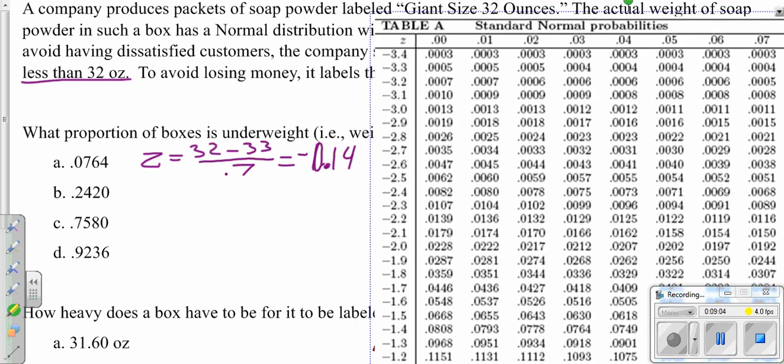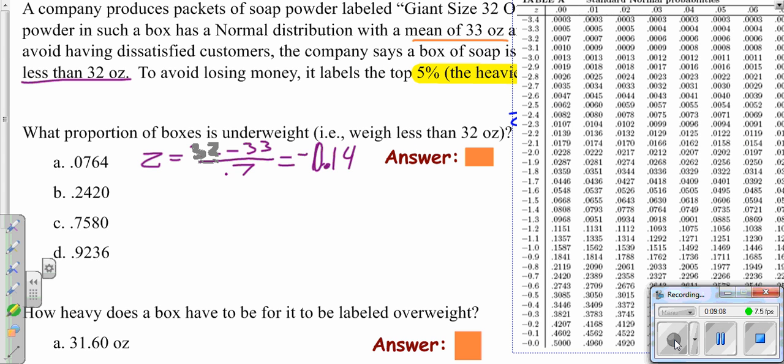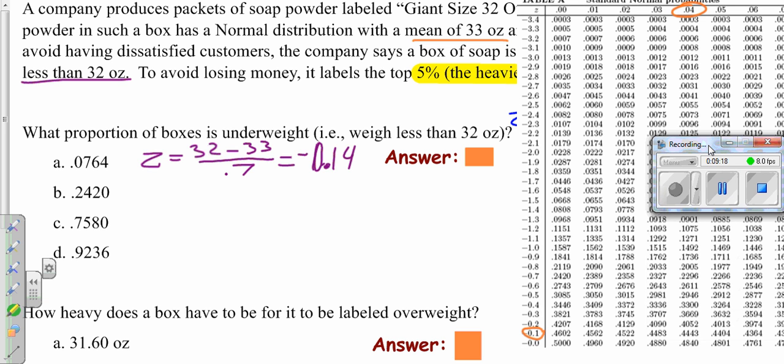And it's negative 0.04. So I need to find that negative 0.1, which is here. Go over to the 04 column, which is here. And I come down and I need to find that right here. So I have a 0.4443 from the middle of my table.